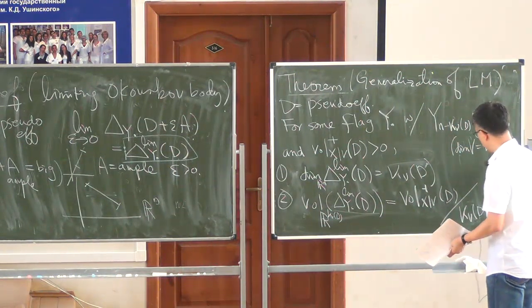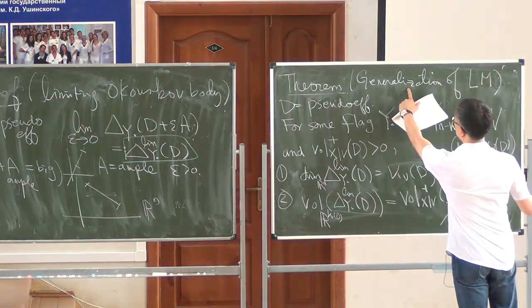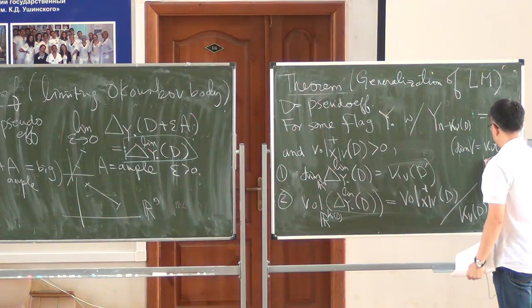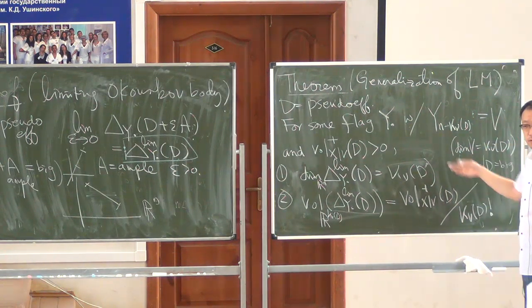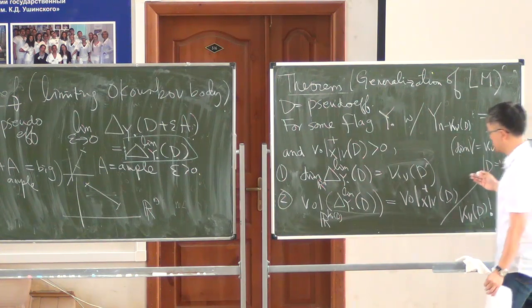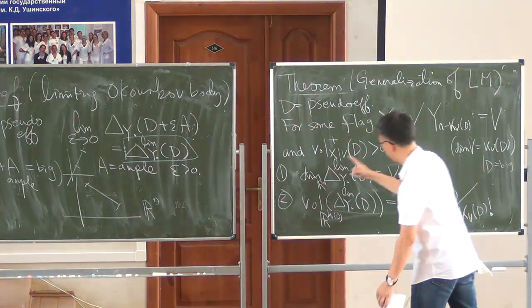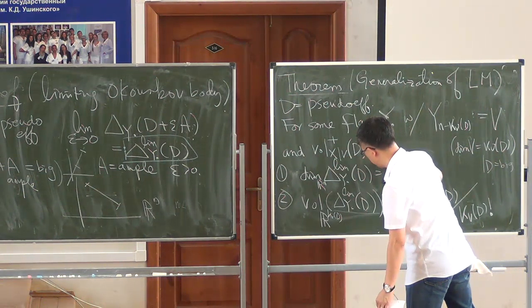Okay. So of course, this is a generalization of their result. If D is big, then we can recover the full statement of the original result. Now what I have to do is define what this is.